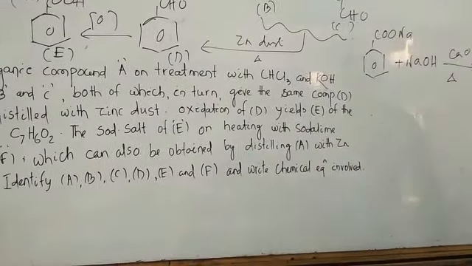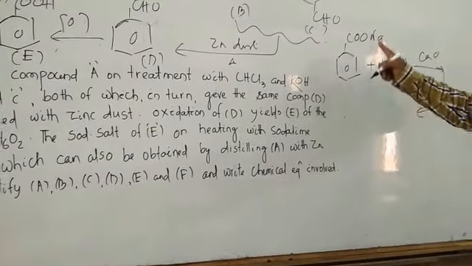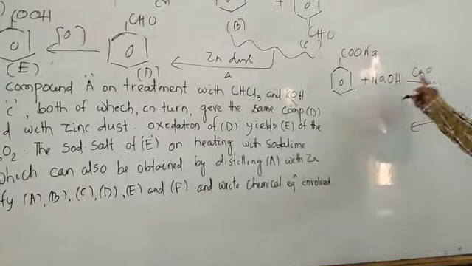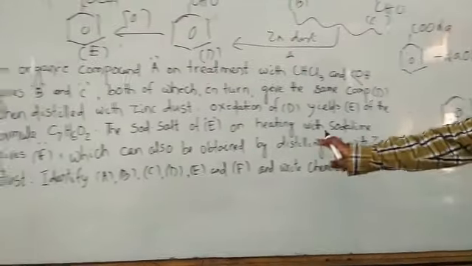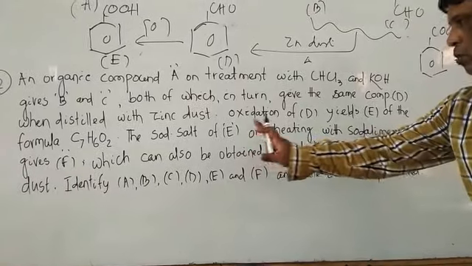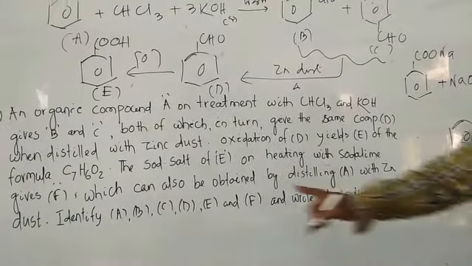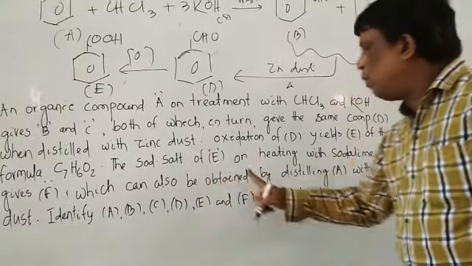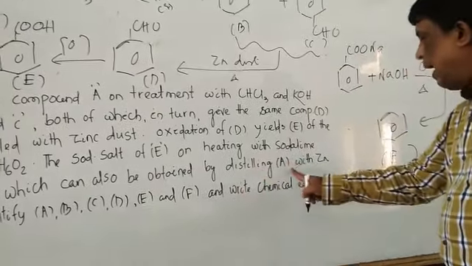It comes under the decarboxylation reaction. When the sodium salt of benzoic acid is heated with soda lime, benzene is formed. So the sodium salt of E on heating with soda lime gives F. This F can also be obtained by distilling A with zinc dust.